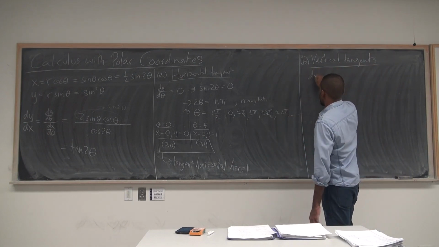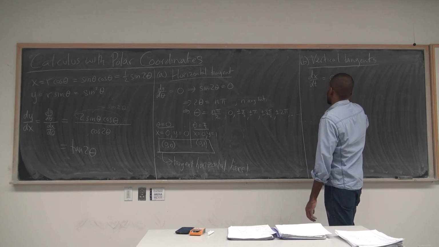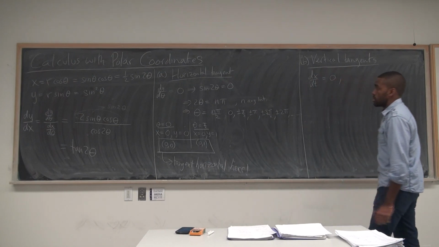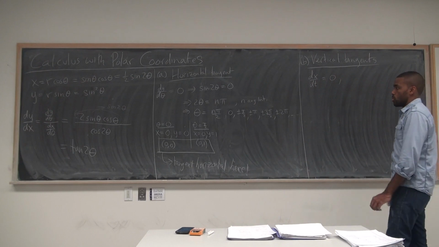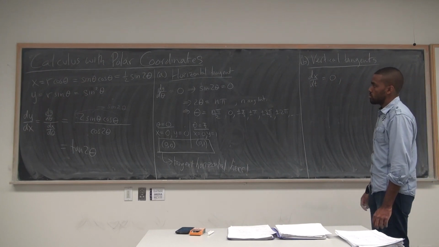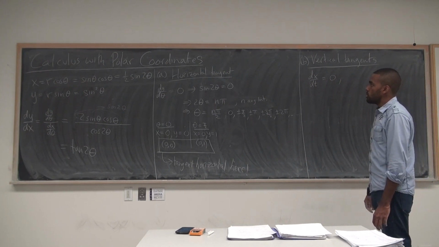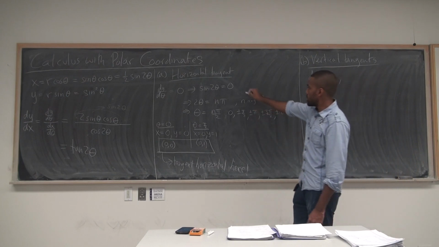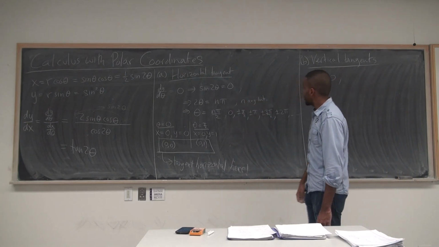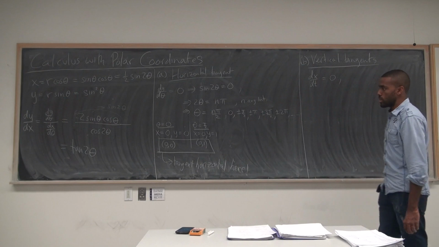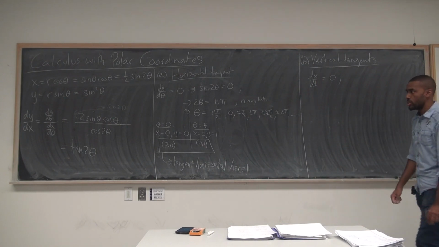So this means I need dx d theta equals 0. Which means, what are my values? Oh, did we check? We should have checked where dx d theta was 0 here as well. We'll see if there are overlaps. We'll have to weed those out.